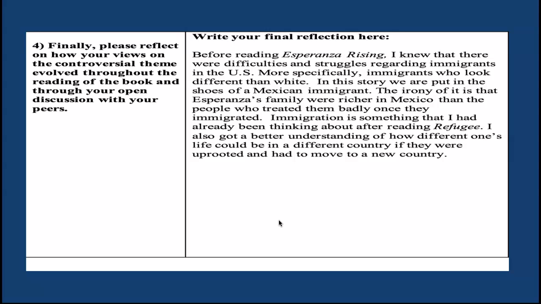The irony of it is that Esperanza's family were richer in Mexico than the people who treated them badly once they immigrated." She really thought about it, reflected, and made a textual connection back to a book, Refugee, which is also about different children's fictional immigration experiences from different times in history.